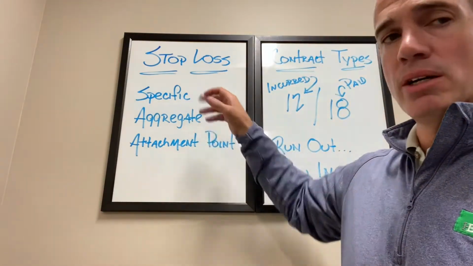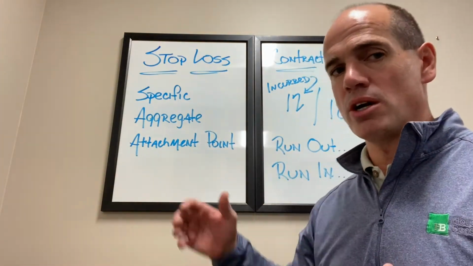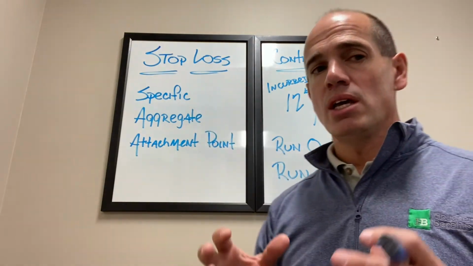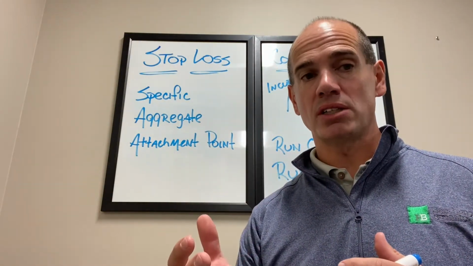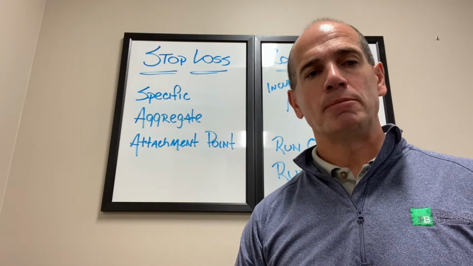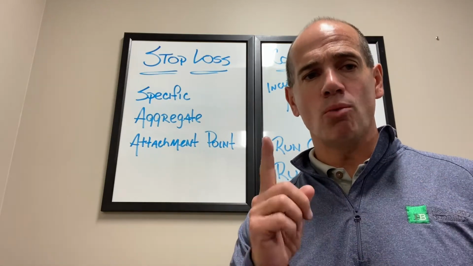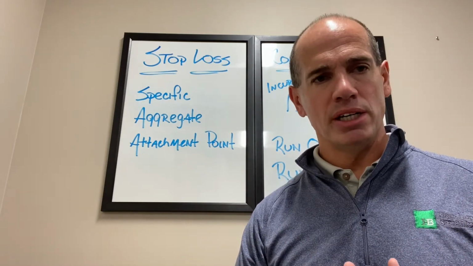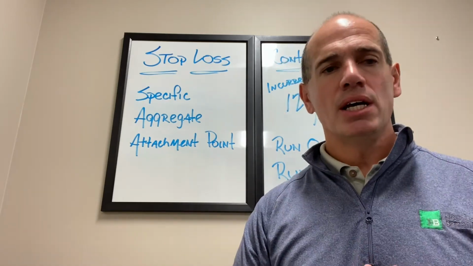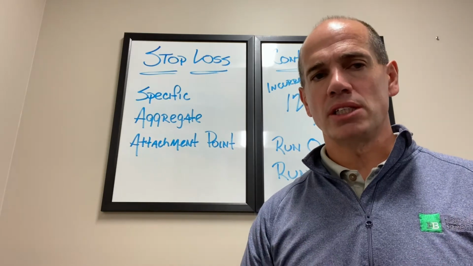Last week, we covered things in kind of simple terms, so we'll do a quick recap. There's a couple types of stop loss contracts. One is called the specific stop loss. That's the deductible on any one member on your health plan, and depending on the size of your plan, that would vary. Obviously, the larger the plan, the more employees, the potentially larger that would be.